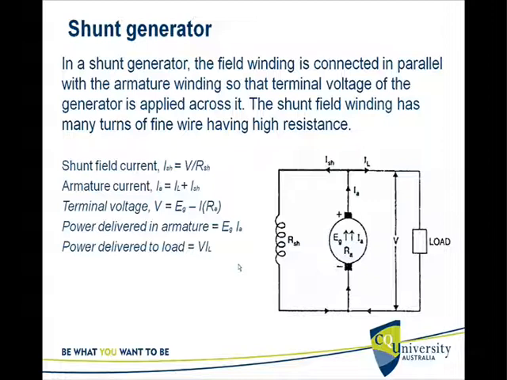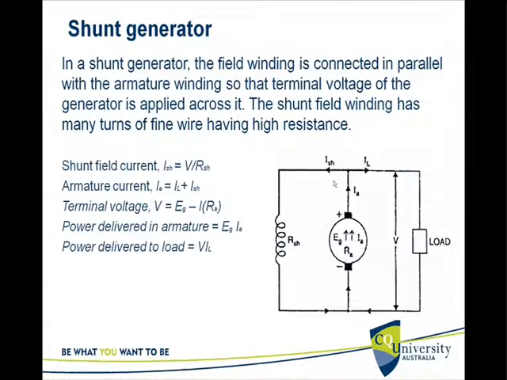Shunt generator. Now there the field winding is connected in parallel with the load to the armature. In a shunt generator, the field winding is connected in parallel with the armature winding, so that the terminal voltage of the generator is applied across it. The shunt field winding has many turns of fine wire having high resistance.